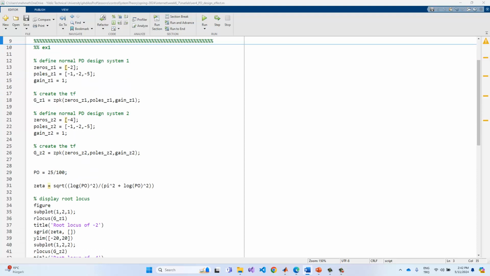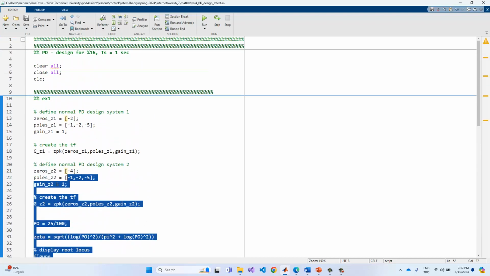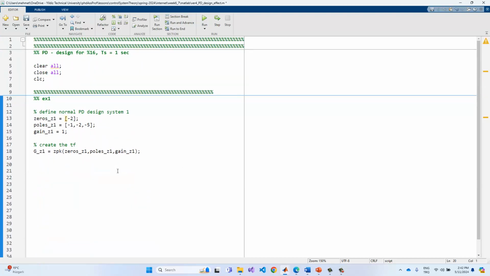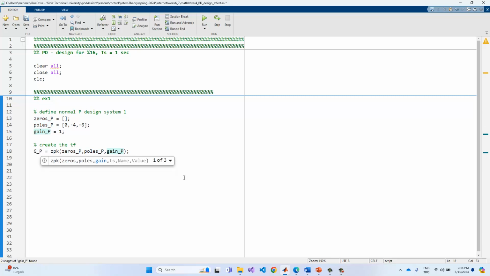First of all, we need to give the p values here for the first time, because we don't have any zeros in the normal case, right? 0, minus 4 and minus 6, and this is p, and this is also p, and this is p, and p.